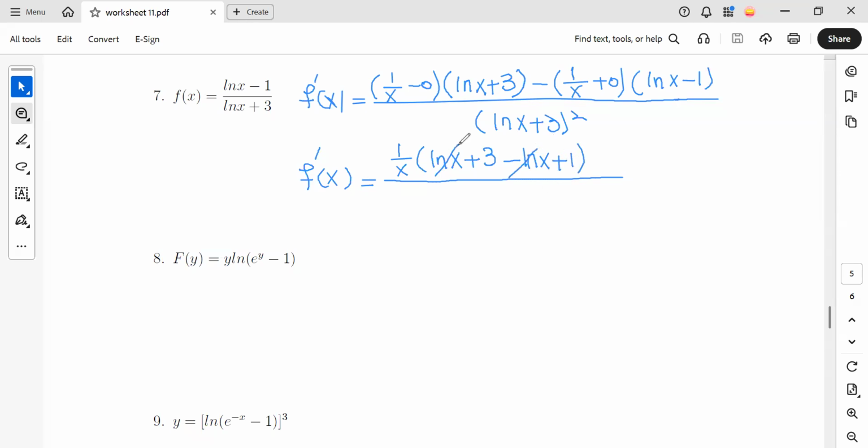These will be cancelled, all over ln of x plus 3 squared. And 3 plus 1 is 4, so altogether 4 over x times ln of x plus 3 to the power 2.